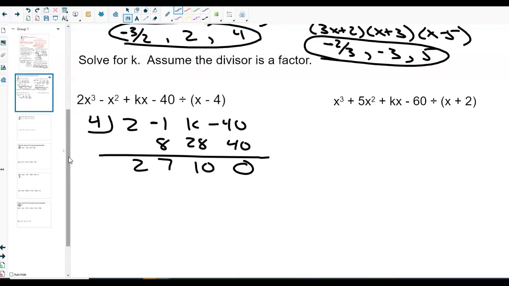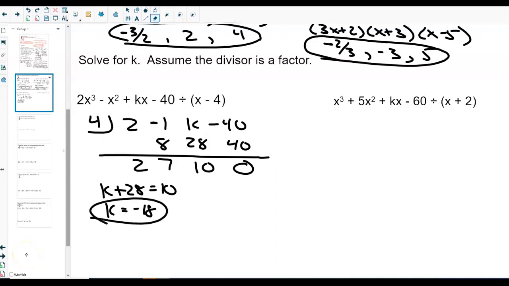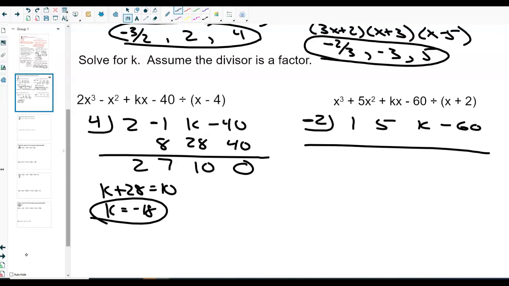What does k have to equal to give me a positive 10 here? So essentially, what does k have to equal if you add it to 28 to equal 10? Well, that's a negative 18. I'm going to put negative 2 in the box, and it's 1, 5, k, and negative 60. It's a factor, so this has to be 0, which means this has to be 60. What times negative 2 would give you a 60?